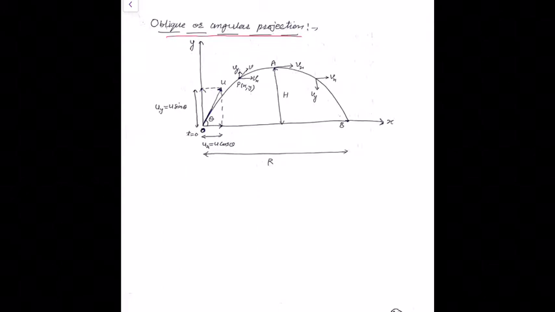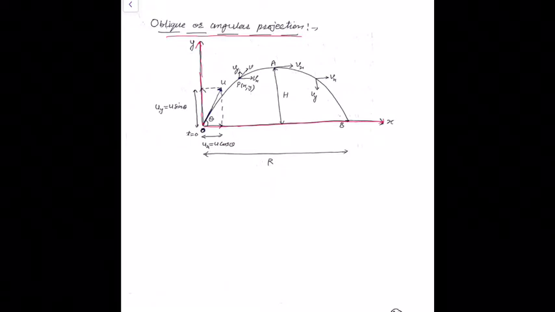Suppose a projectile or object is projected or fired with initial velocity u, making an angle theta with the horizontal from point O origin at t equal to 0. Here in the diagram, here it is x-axis, here it is y-axis.